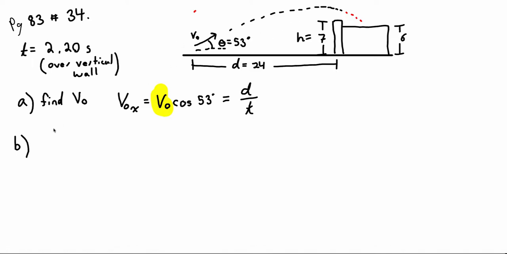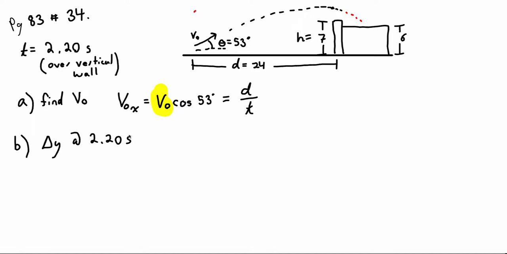So what I need to find is delta y at 2.2 seconds. How far up is this? How far is delta y when I'm at 2.2 seconds over this vertical wall?